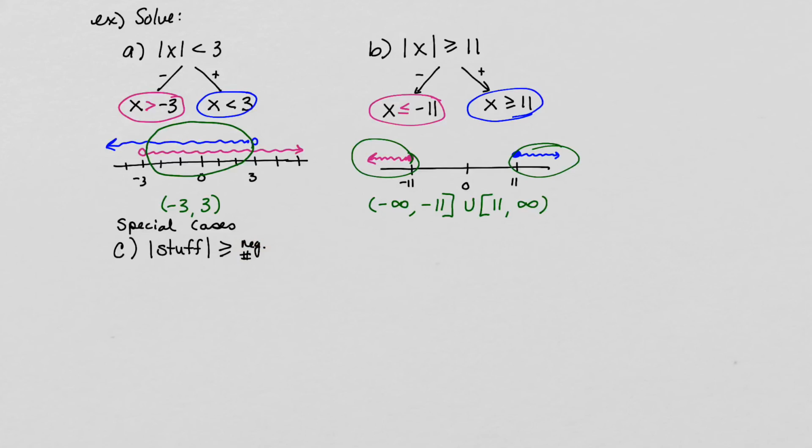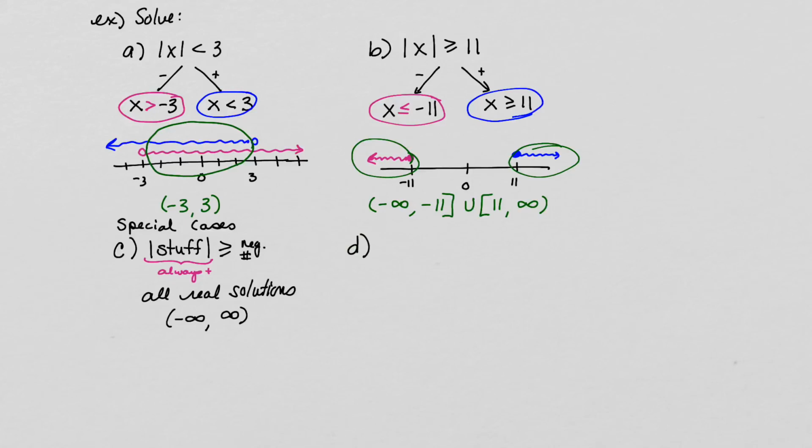But in this case, that's not always true. If it's greater than or equal to a negative number, then the absolute value is always positive. So I have this always positive number being bigger than or equal to a negative. So this is going to be all real solutions. And the way that we mathematically write that is minus infinity to infinity. So the whole entire number line would work.